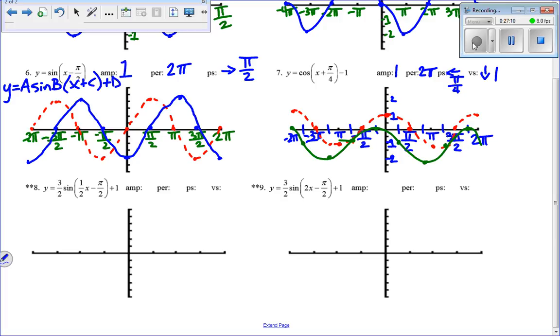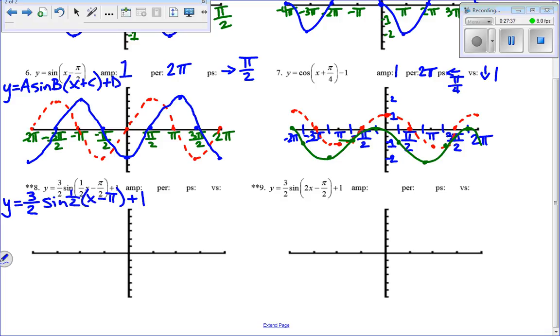So what you do with 8 and 9 to see what your b value is, you're going to factor out the 1/2. When you factor out 1/2 out of pi over 2, what do you get? Pi. So now you have all of your A, B, C, and D values.